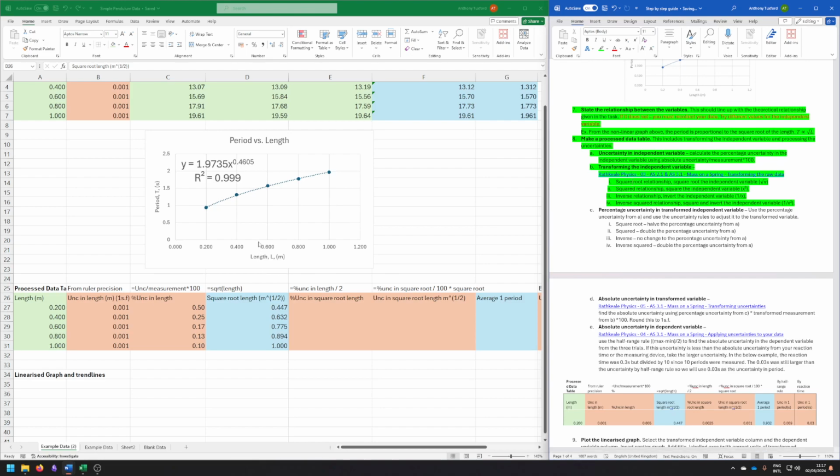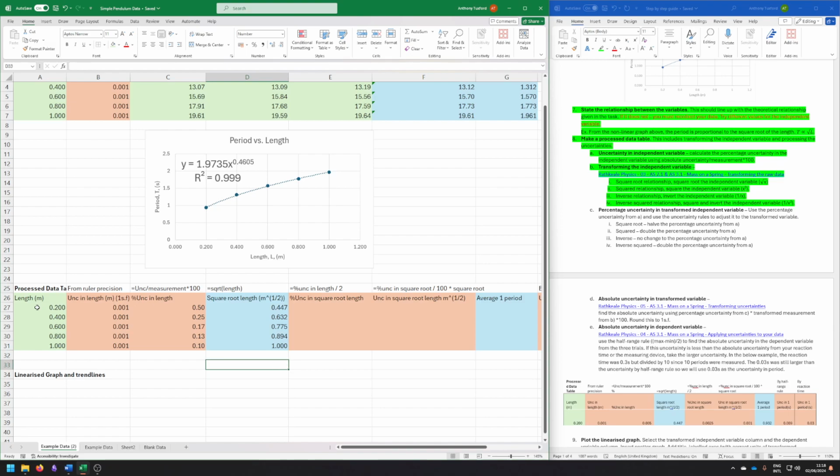And just a note here, this example is a square root relationship, but if you were investigating a squared relationship, instead of equals square root, you would do equals, click the length, shift 6, so that's to the power of 2. Right, so that's squared. If you were doing an inverse relationship, you would do equals 1 divided by the length.